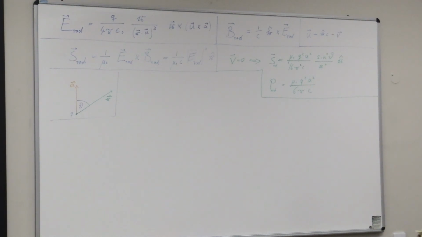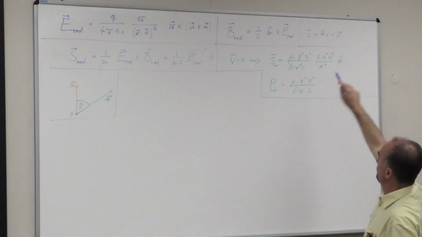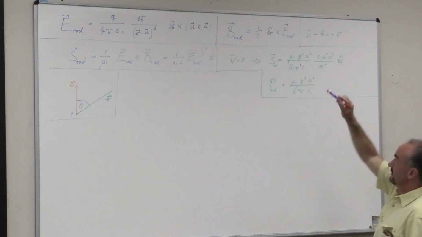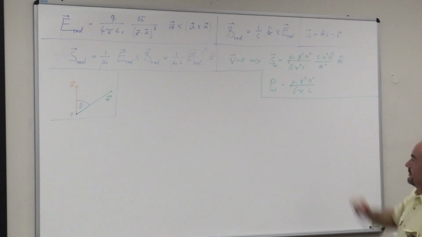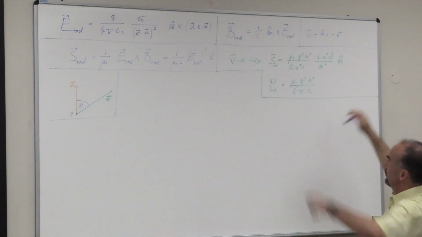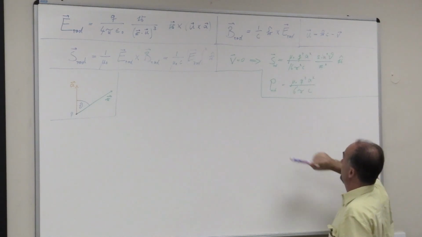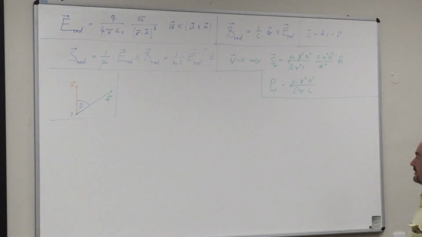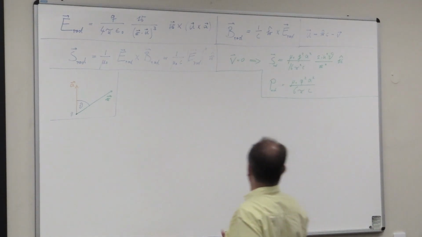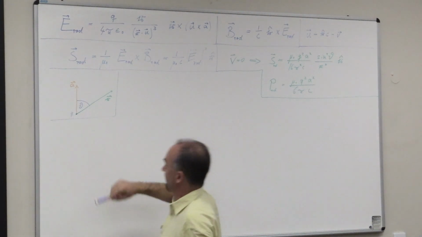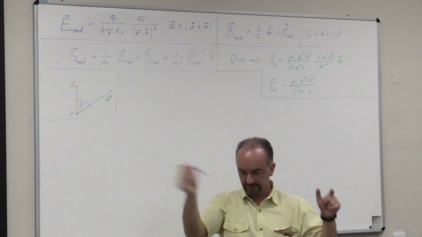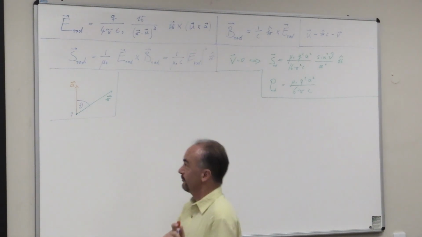Good. Remember the definition of this u vector there, the unit vector r over c minus v. If the charge is at rest, the whole problem simplifies quite a lot. If v drops out everywhere, then we calculated that we have this characteristic sine squared theta pattern, just like for an oscillating dipole.